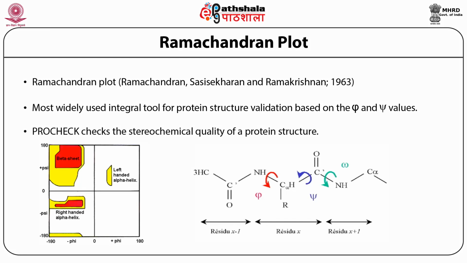ProCheck is a program that checks the stereochemical quality of the protein structure by producing a number of postscript plots for analysis of the overall and residue-by-residue geometry. It also includes ProCheck NMR to check the quality of structures that are solved by NMR.